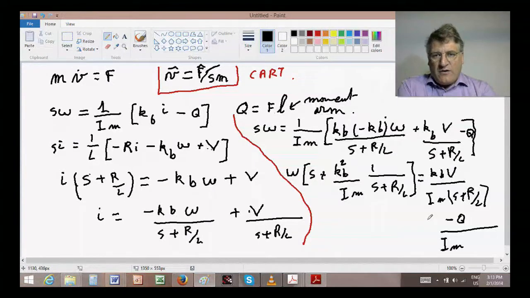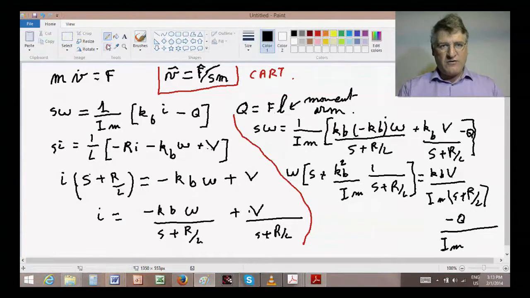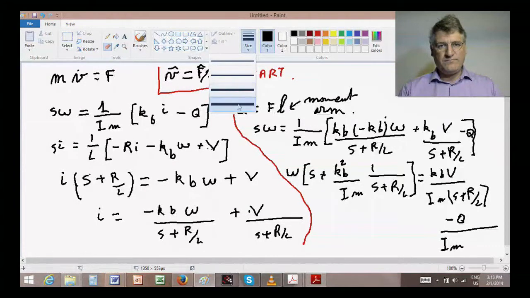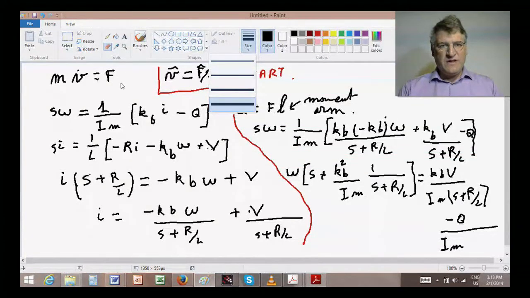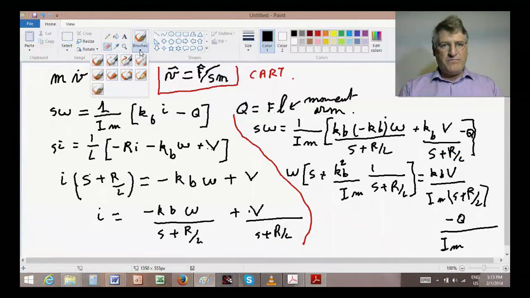So here is where our engine stands, and we can finish our transfer function computation. By erasing, oopsie, that's not what I wanted to do.